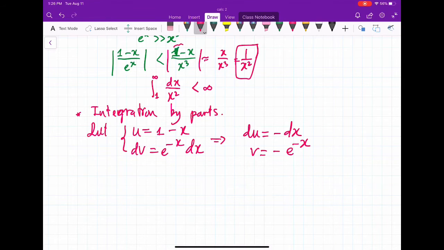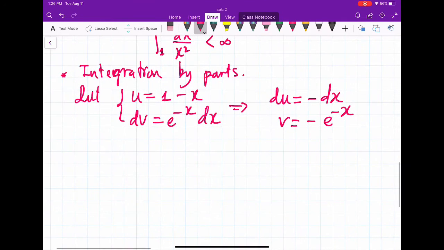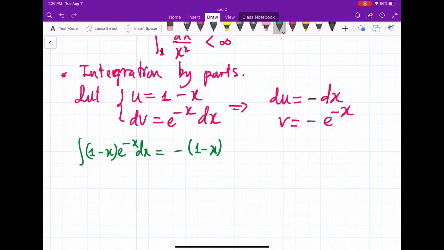And by the formula of integration by parts, I have the antiderivative of (1 minus x) e to negative x dx equal to negative (1 minus x) e to negative x minus the antiderivative of this dx. But you have negative with the negative and then minus, so you have negative in here, right? e to negative x dx.